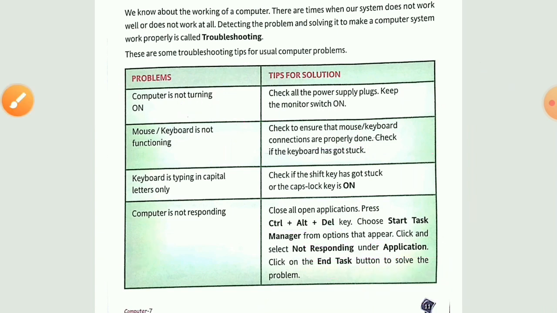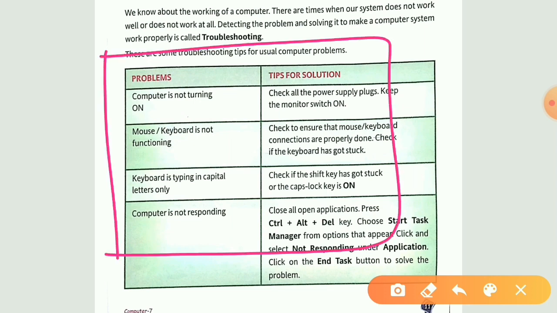Now see over there, this is the kind of thing you might get. When you press the Control plus Alt plus Delete keys, it is basically your Start Task Manager. In this, certain applications are named over there. Here is basically your status, whether they are running or whether they got stuck.